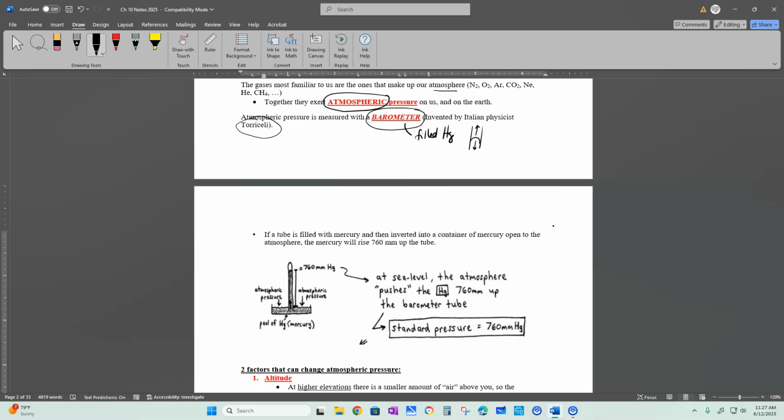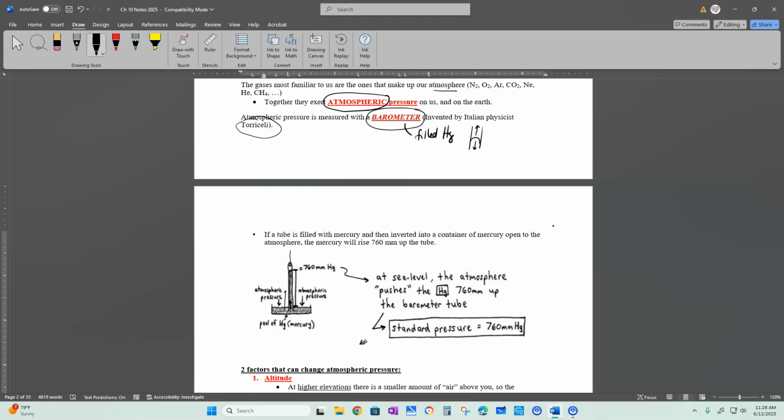Inside this little sketch that I have, the tube is filled with mercury, so this right here is that mercury, and then you have what we call a pool of mercury. If that tube is filled with mercury, that pressure from the top of the mercury down to the pool, either you put pressure on the mercury, which makes the mercury level go down, or is the pool of mercury putting pressure on the mercury to make it rise?